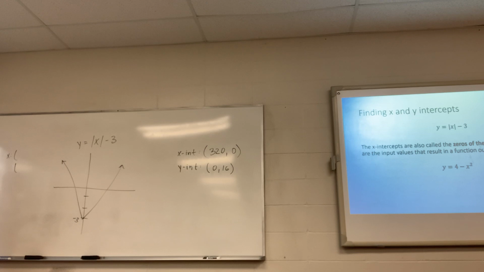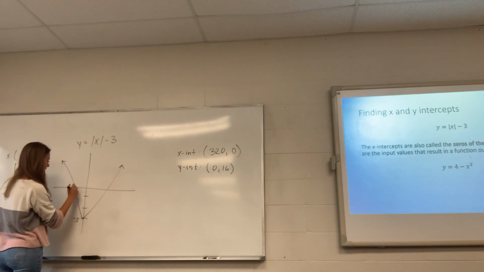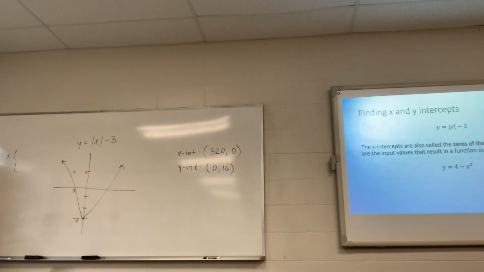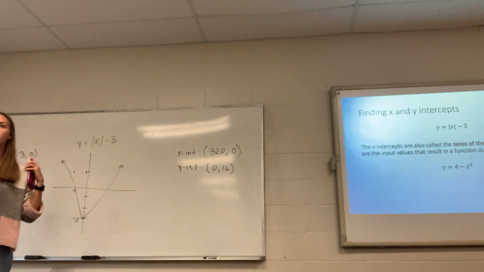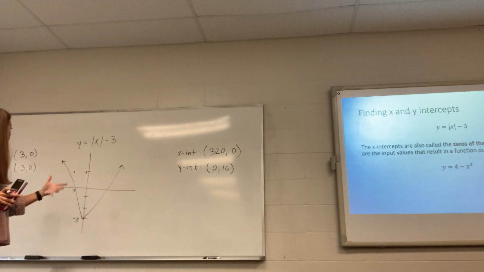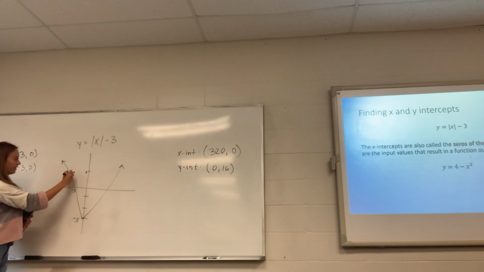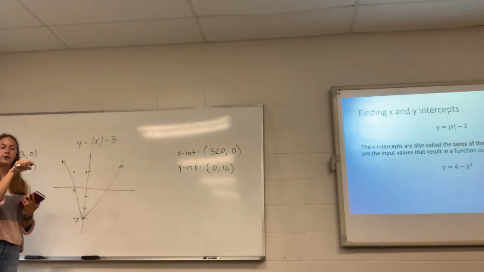So 3, 0, okay, I like that. And the other one? -3, 0. Exactly, okay? So it's different than writing domain and range. Your x-intercepts and your y-intercepts, you have to write them as ordered pairs, as coordinates. If you tell me -3 to 3, that's technically like this point right here. That's not our x-intercept, okay?